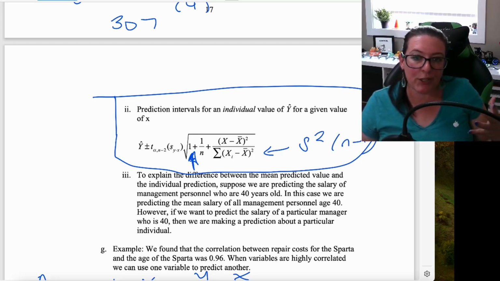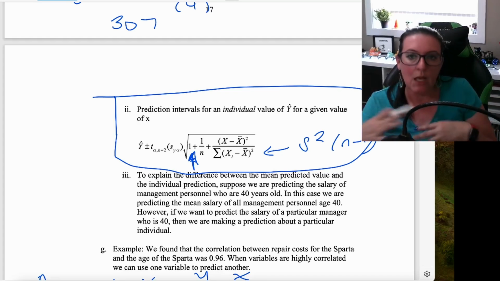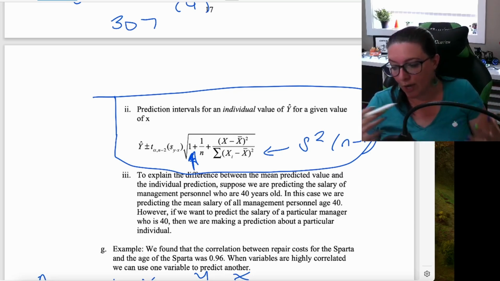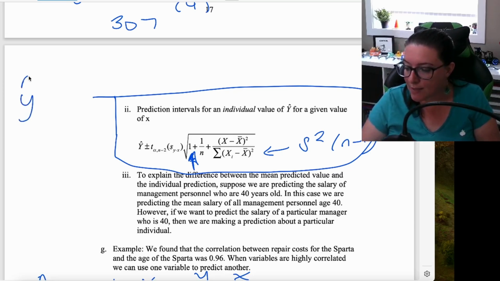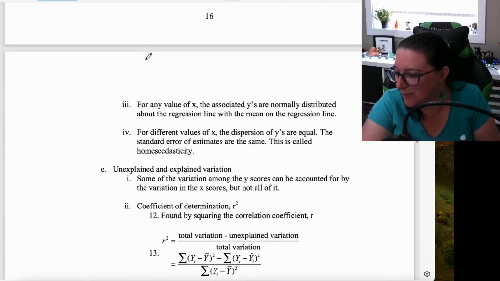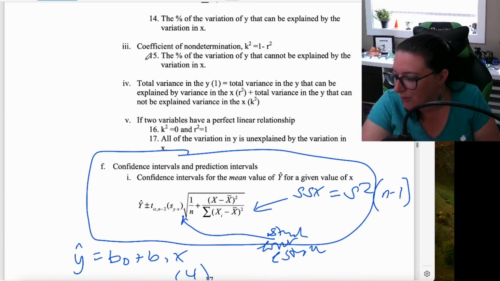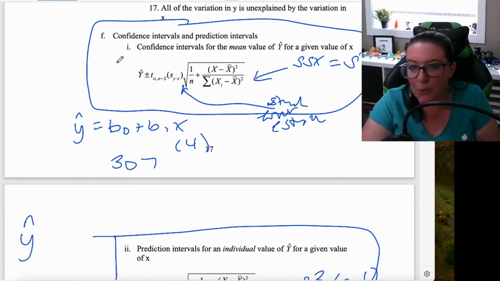So you can get a prediction interval for a given person, and you can get a confidence interval for an average value when you know x. These are all ways to pull more information out of our regression, because our regression gives us a point estimate. Our intervals give us upper and lower bounds.